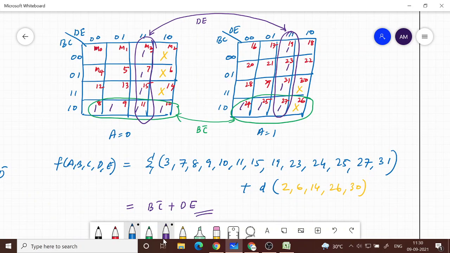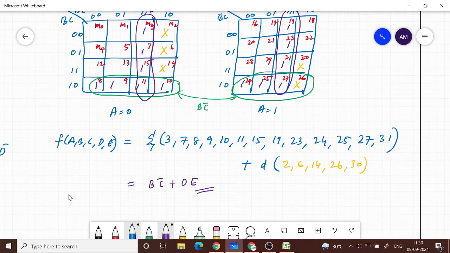I will write that also without taking the don't care into account. The second group will remain, D E will remain, and the third group that we will have is like this, 2 and this 2.